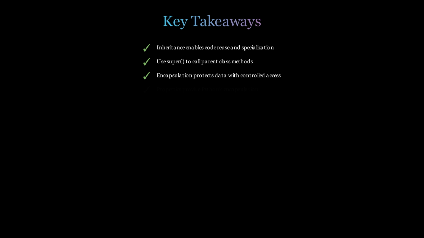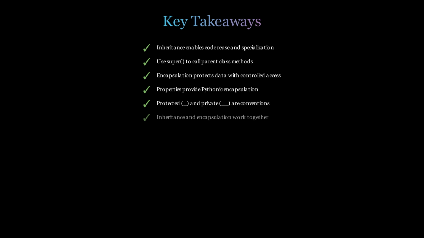Let's summarize the essential concepts you've learned about inheritance and encapsulation. Inheritance enables code reuse through shared parent functionality and specialization through child extensions. Always use super to properly call parent class methods. Encapsulation protects data integrity with controlled access through methods and properties.